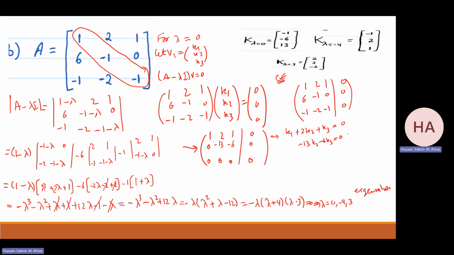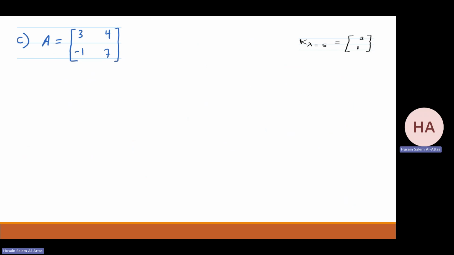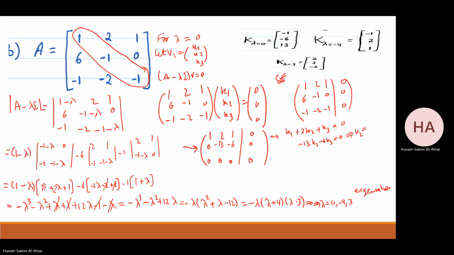So I have from here K2 will be equal to what? Minus 6 over 13 K3. Okay.